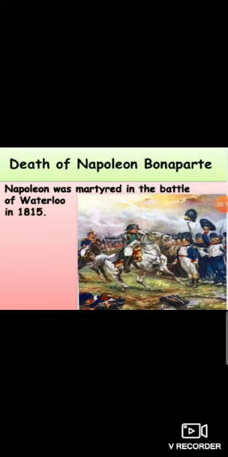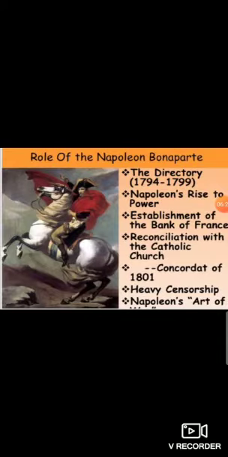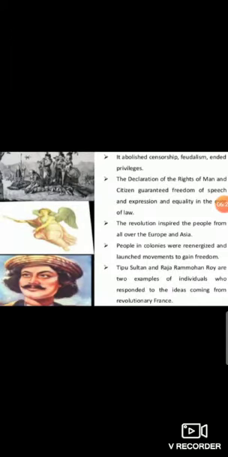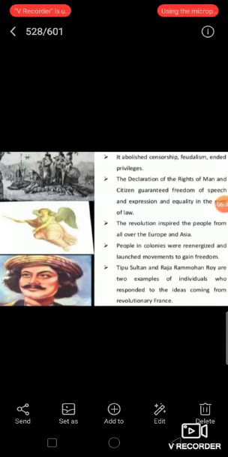Now, the ideas of liberty and democratic rights were the most important legacy of the French Revolution. These spread from France to the rest of Europe during the 19th century, where feudal systems were abolished.